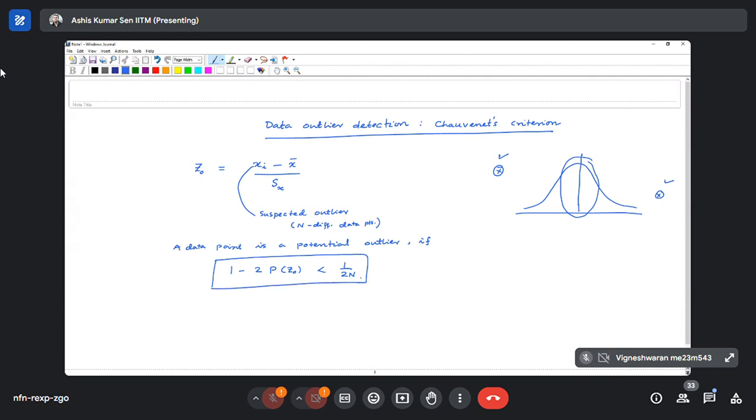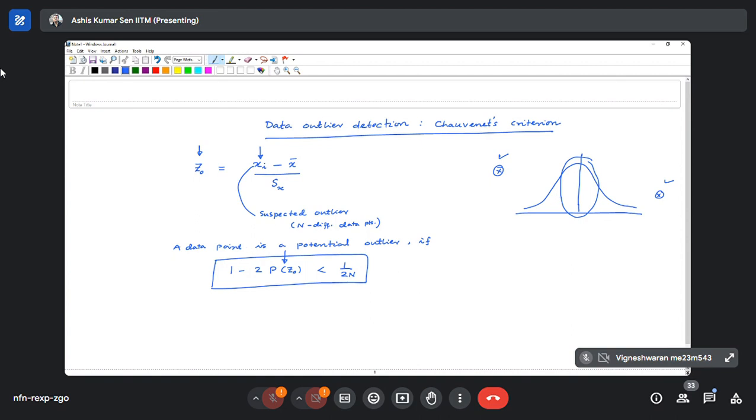Mathematically, if you have a data point that gives you some value of Z0, you can find the probability of occurrence of that Z0 because you have the normal distribution table. And if 1 minus 2 P of Z0 is less than 1 over 2n, if this condition is satisfied, then that particular data point is an outlier.